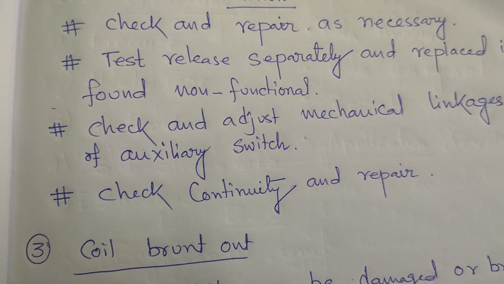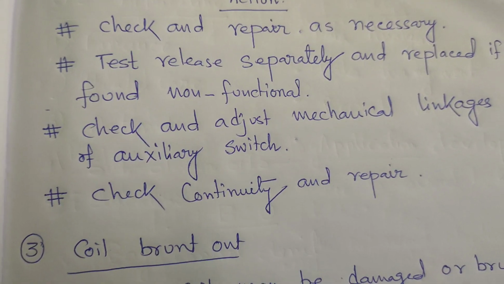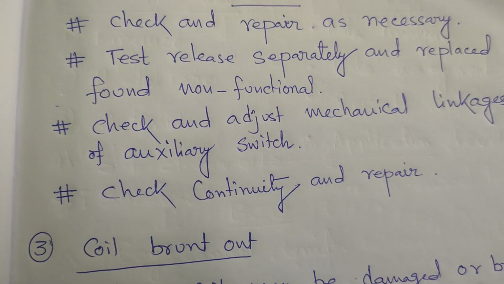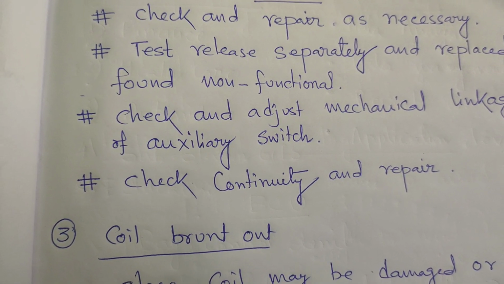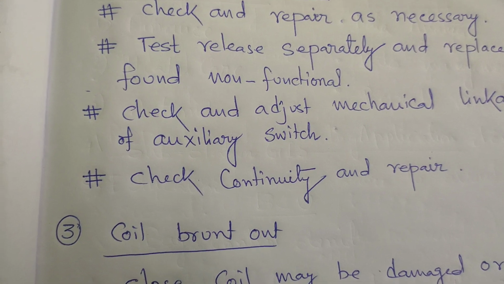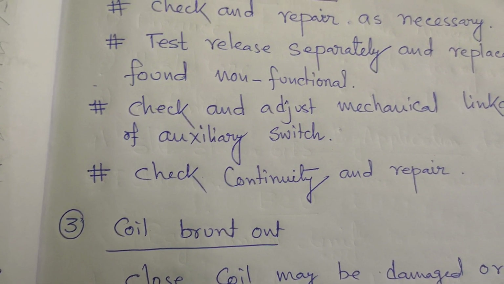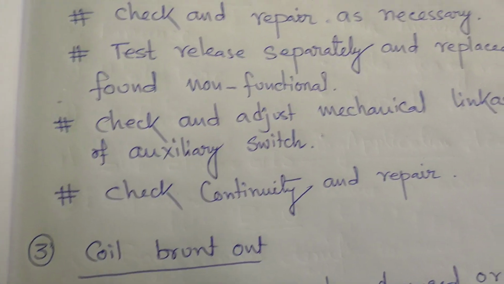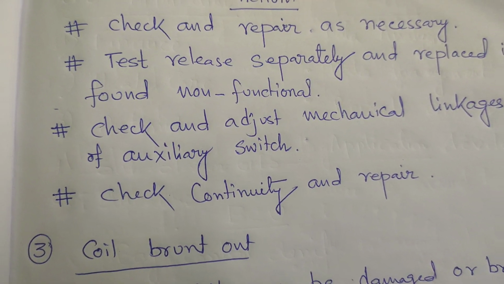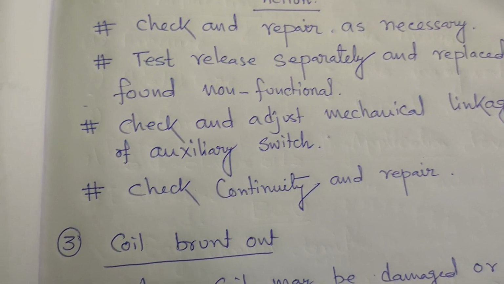Check the wire continuity by switching off the DC supply, following the diagram, the terminal number and the continuity. If all the continuity is okay but due to sulfation you are not getting the continuity, then clean the sulfation of the terminal, and then you will obviously get the continuity.